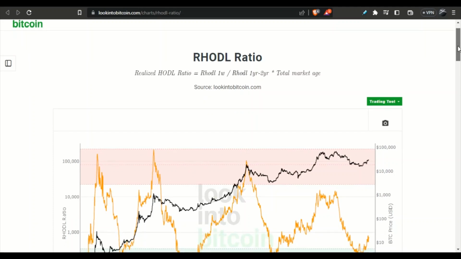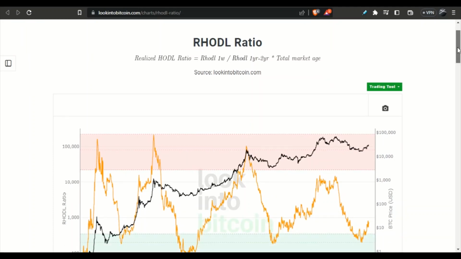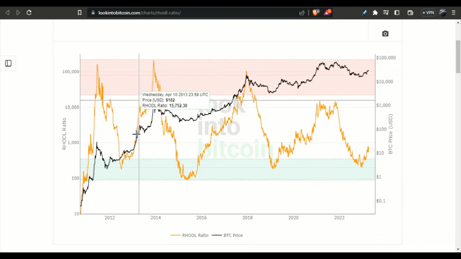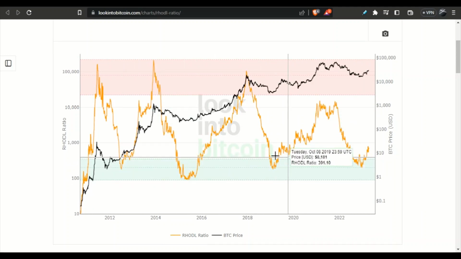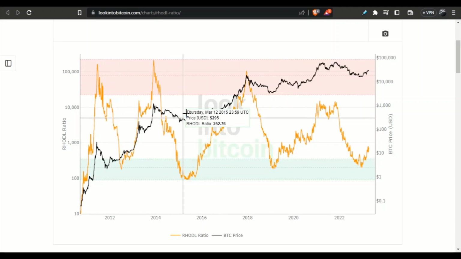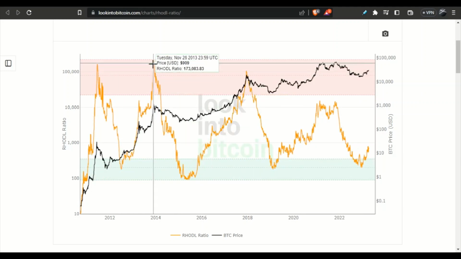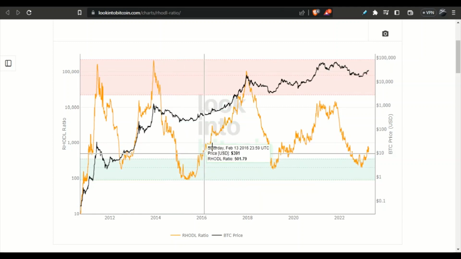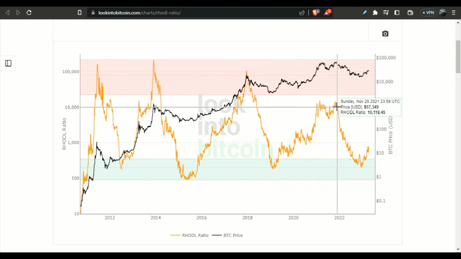Before going into the ratio or the equation, this would be the chart, and this is the oversold territory, and this would be the overbought territory, or the hot area. In black we have the Bitcoin price, and the ratio is in orange, moving in waves between the oversold and the overbought.